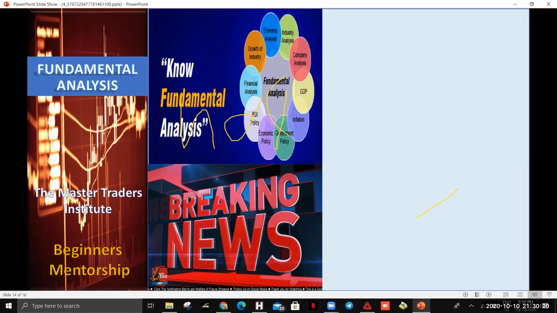USD against NGN. If you click on buy, you're telling me that the dollar is stronger than the Naira, so I want to buy more dollars as against Naira. But if I click on sell, it's telling me that I'm selling the dollars because I want to buy more Naira.